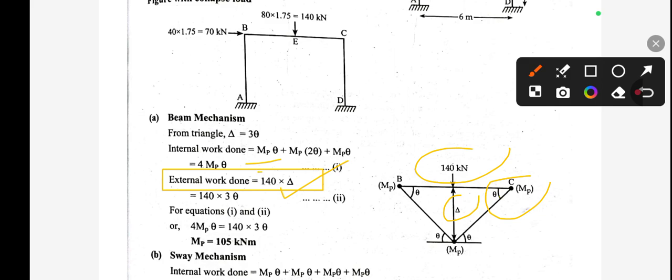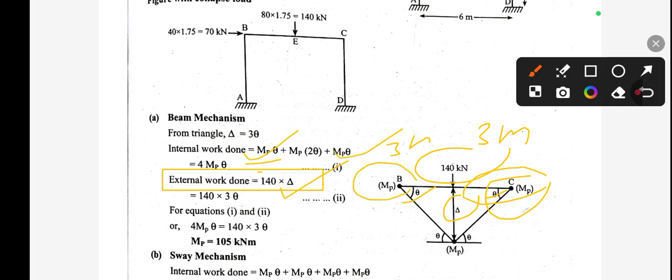Here the rotation will be the same theta, this is also theta and this is also theta, due to symmetric distance. This is 3 meter and 3 meter, and the load is acting exactly at the center of the BC span. So this will be Mp into theta, and Mp into theta.